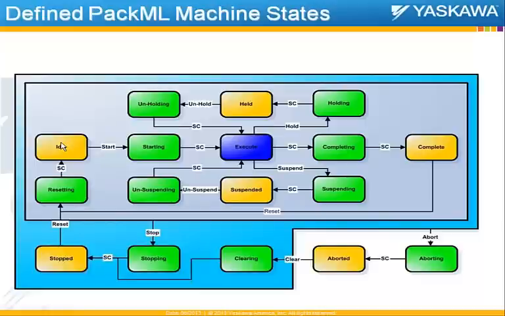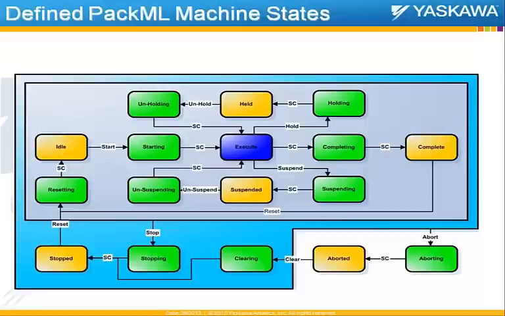And then the last one, that blue one in the middle, is known as a dual state. Its name is execute, so it is actually acting and doing something, but in a lot of applications it may essentially do that forever and never complete until it aborts out or something like that. So that's why it's known as a wait state.